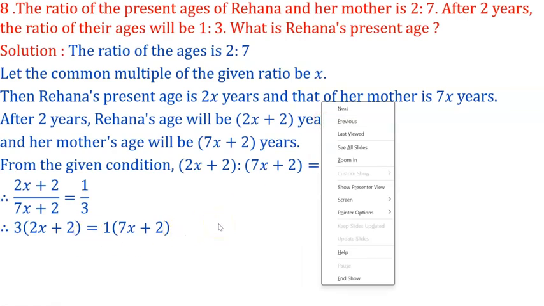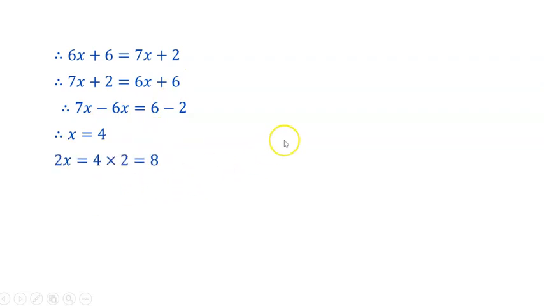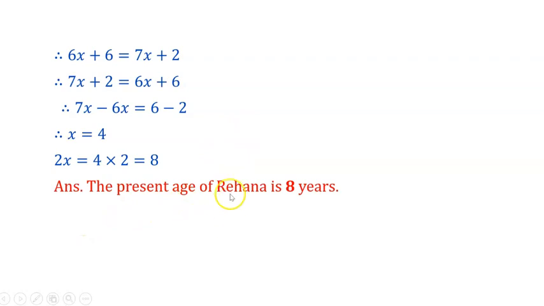Therefore, 7x minus 6x is equal to 6 minus 2. You will get x is equal to 4. Now their ages, 2x is equal to 4 into 2, that is 8. Therefore, the present age of Rehana is 8 years.